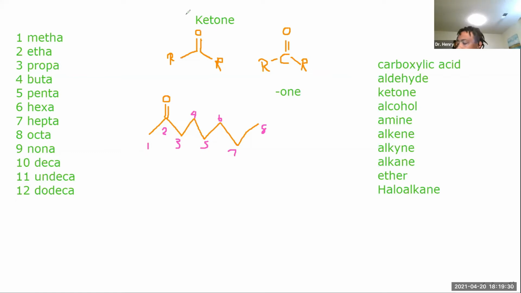An 8-chain carbon is called octa, so it'll be called octanone. Oh, okay. And then we put 2 in front to let us know that the double bond is located there. Okay, questions?